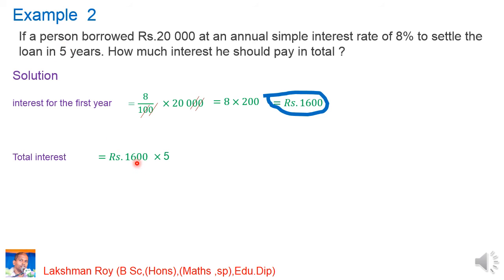On the side you can multiply 16 by 5, no need to multiply the 0s. This is the important one, the number of years. So you multiply and get 8,000 rupees. This is the total interest he should pay within 5 years.